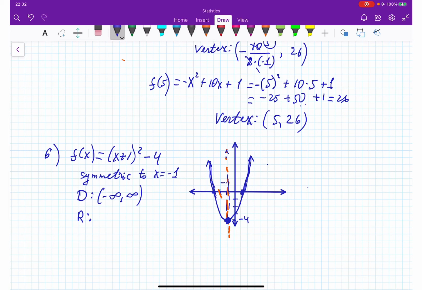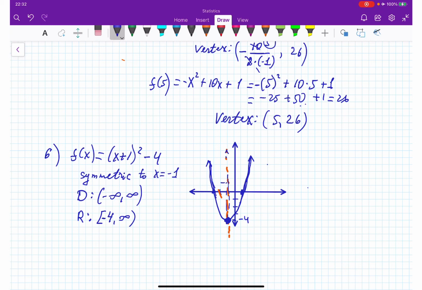Because it's sitting right on the graph, which means we put square brackets. And it's running up to infinity. With infinity we always put parentheses because infinity doesn't have an end. Okay.